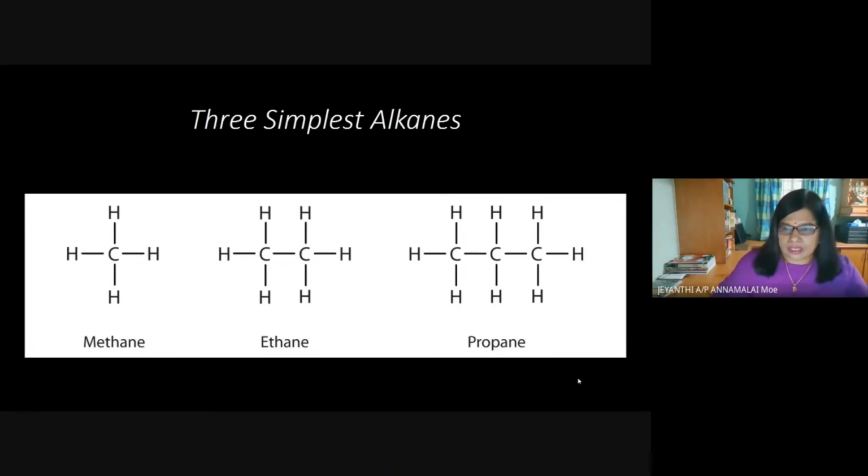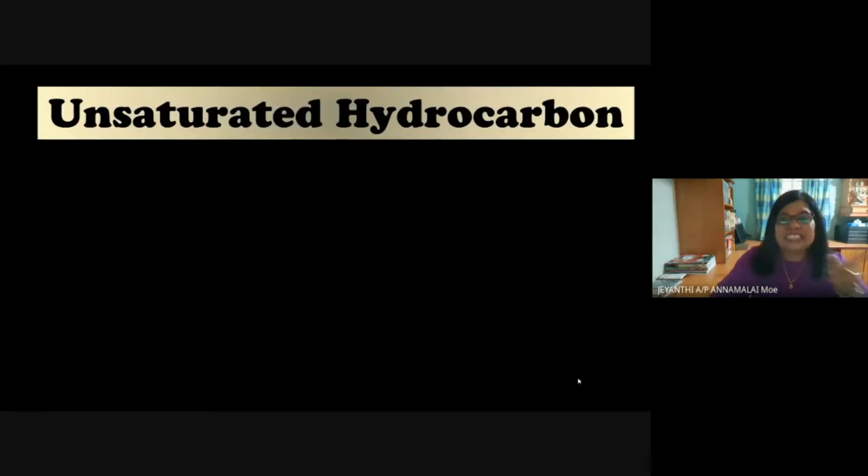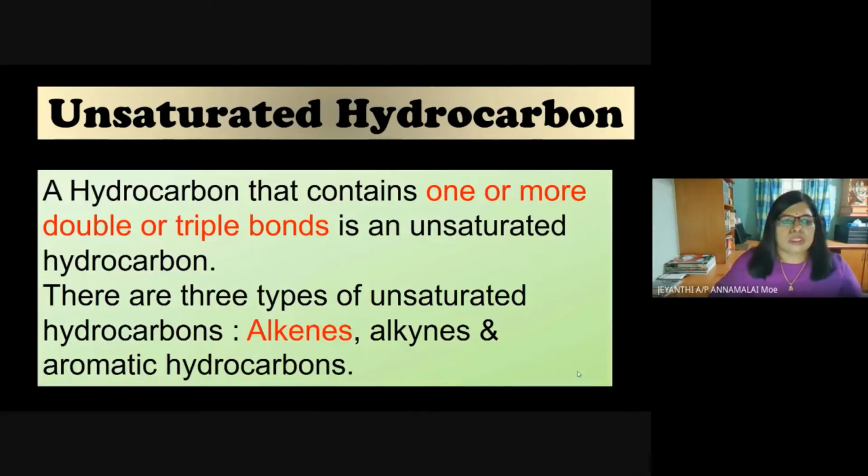Okay, moving on. Unsaturated. Just now was saturated. What is unsaturated? A hydrocarbon that contains one or more double or triple bonds is an unsaturated hydrocarbon. There are 3 types of unsaturated hydrocarbon. Alkene, the A we substitute with E, alkenes.